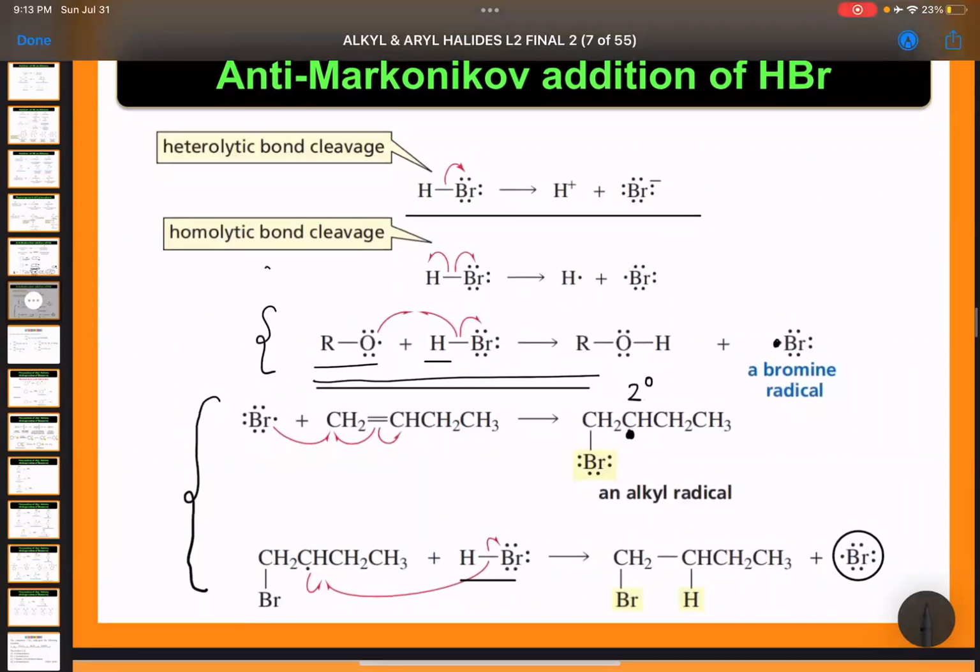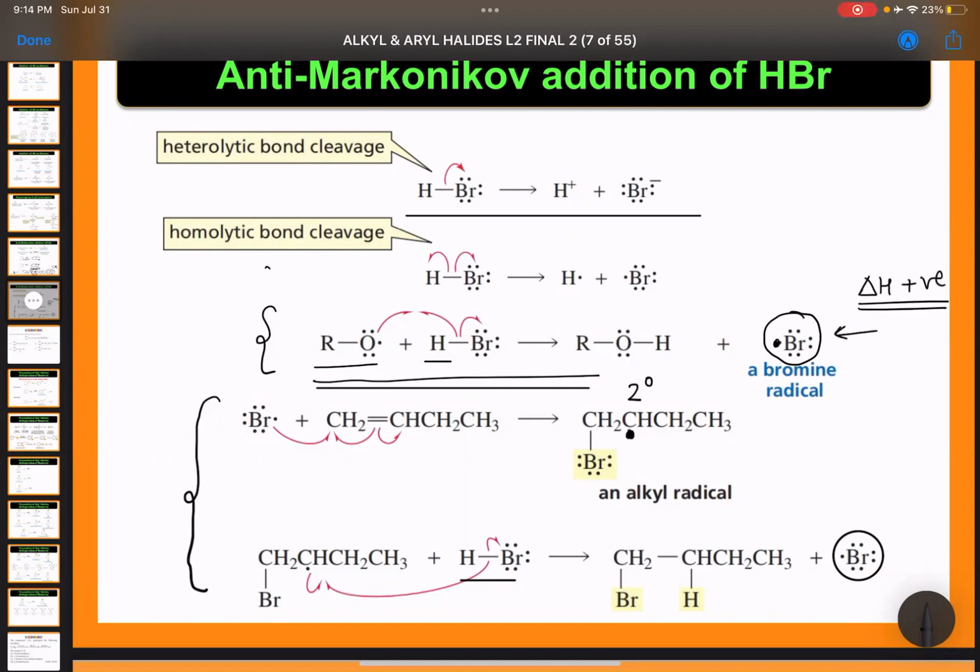Okay, so for HF and HCl, this step is not going to happen. Their bonds are stronger. F radical and Cl radical are unstable, but Br radical can form easily. Its bond can break easily. Or you can say for this step the heat of reaction is positive.